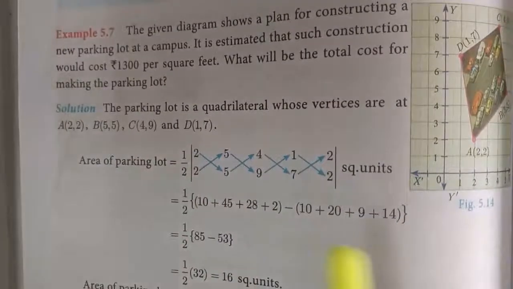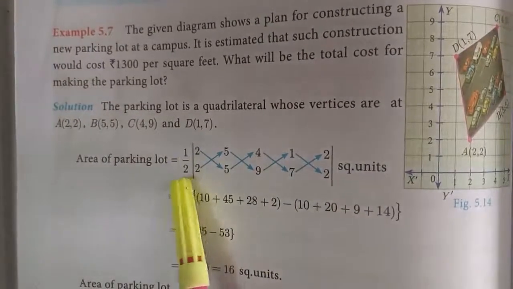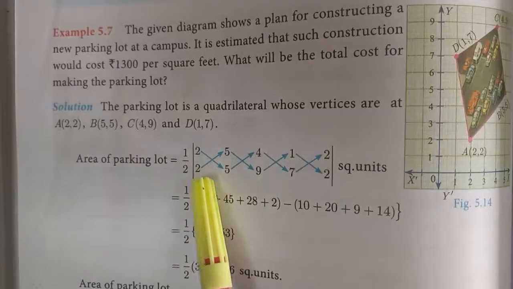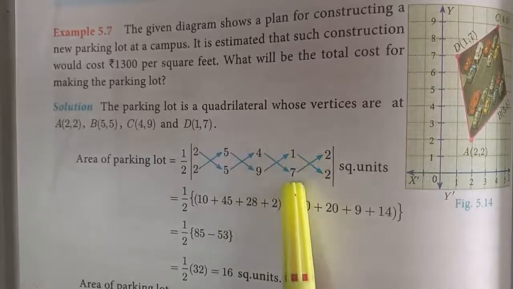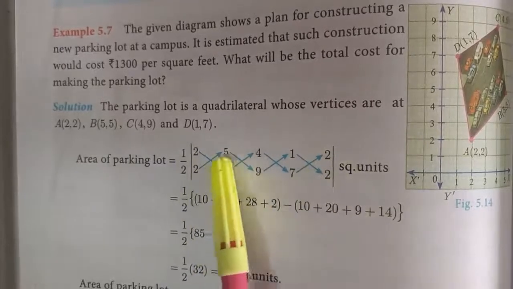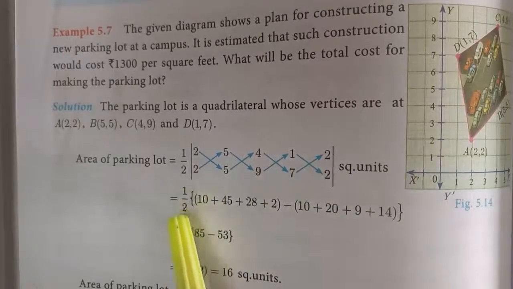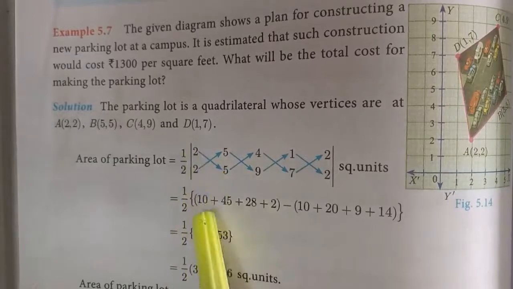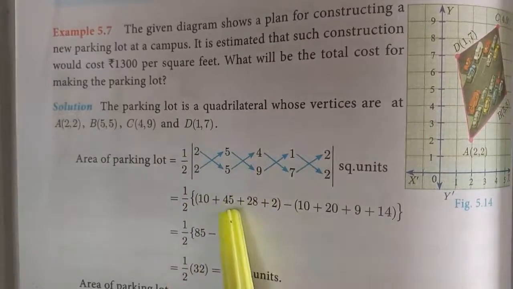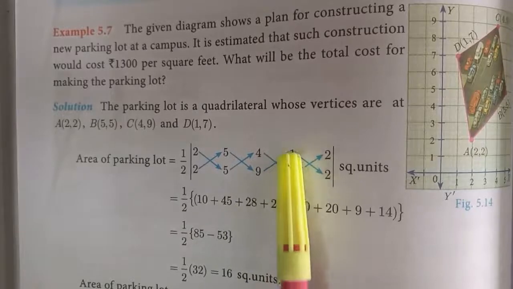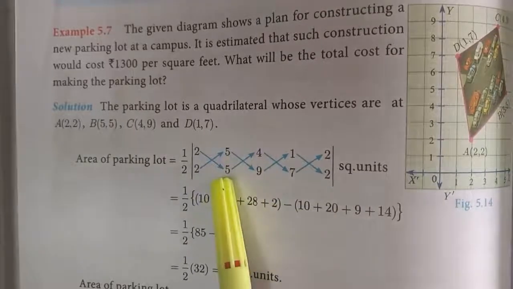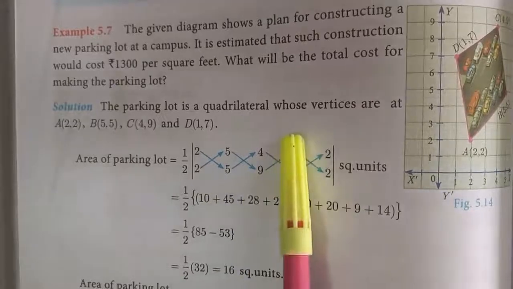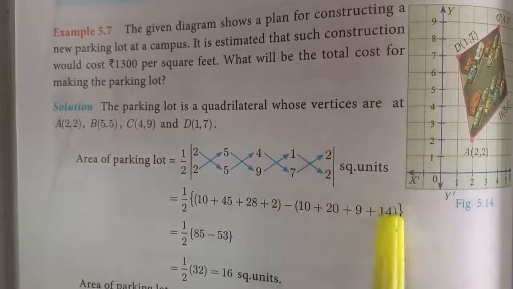The area of the parking lot is equal to 1 by 2 into, you just write the vertices x1 y1: 2, 2, 5, 5, 4, 9, 1, 7, again 2, 2. Next you do cross multiplication, which is equal to 1 by 2 into 5 2s are 10, 9 5s are 45, 4 7s are 28, 1 2s are 2, minus 5 2s are 10, 5 4s are 20, 9 into 1 is 9, 7 2s are 14.